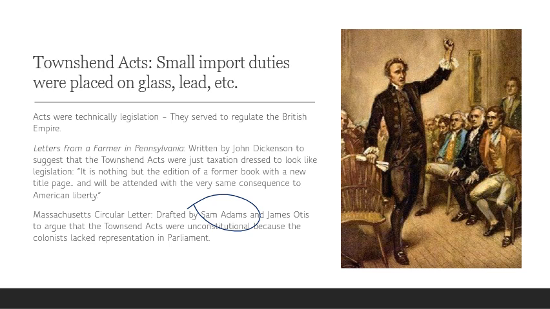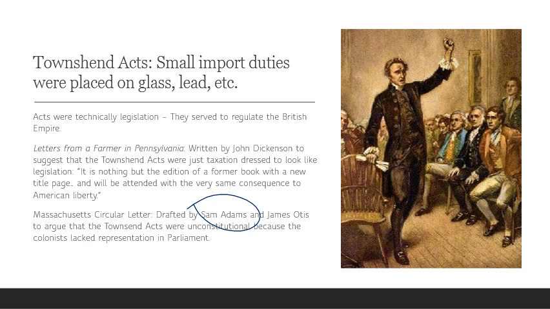And they argue in it that the Townshend Acts were unconstitutional because the colonists lacked representation in Parliament. And so we have to go back to this whole concept that Grenville had come up with of virtual representation, and they have to defend the idea that virtual representation is not a thing. They talk about how all of the people in Britain are separated by, like 1,000 leagues or something like that.